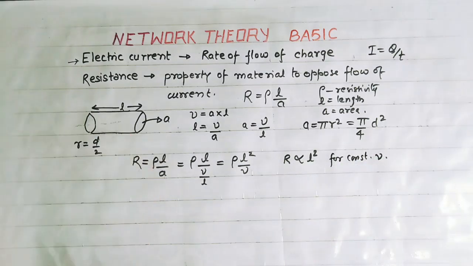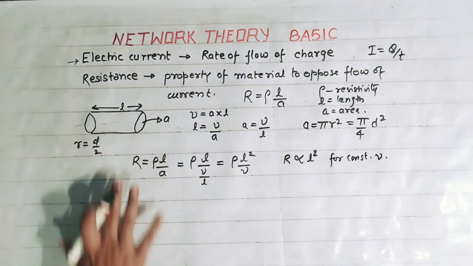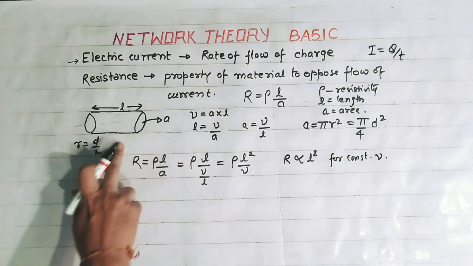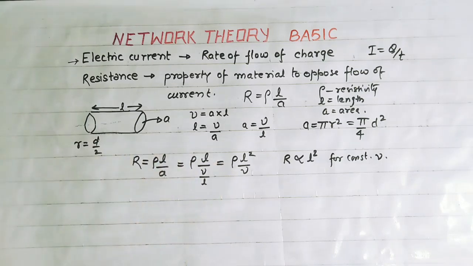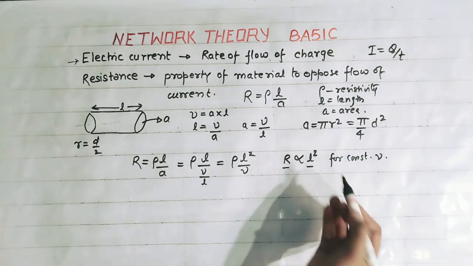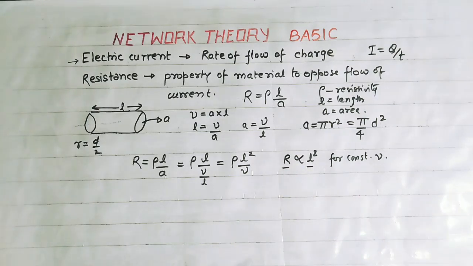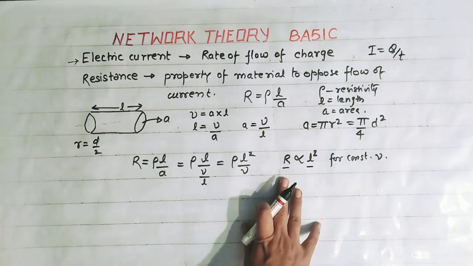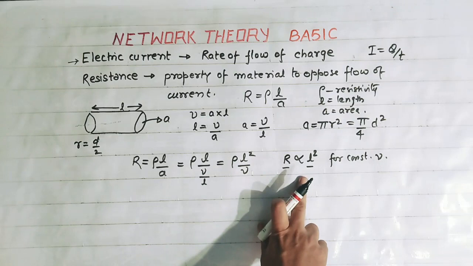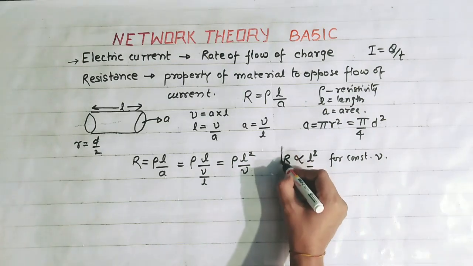See, if this is a conductor and it has volume V, we know that resistivity for this material is already constant. If we keep this volume constant and increase the length of this conductor, then the new resistance will be L square times. So resistance is directly proportional to the square of length.